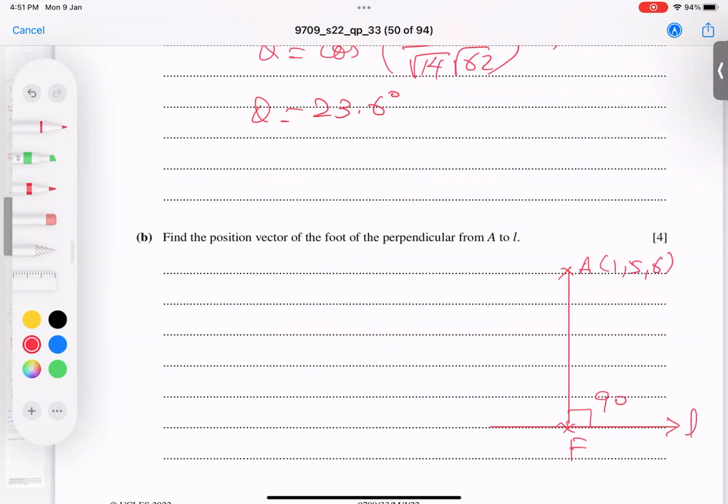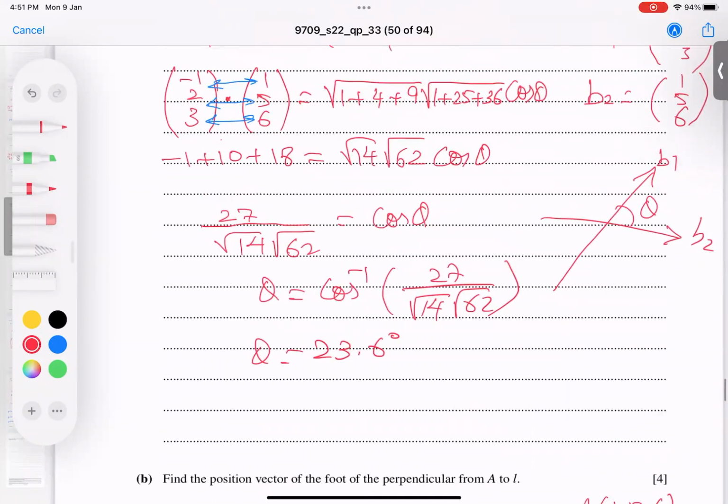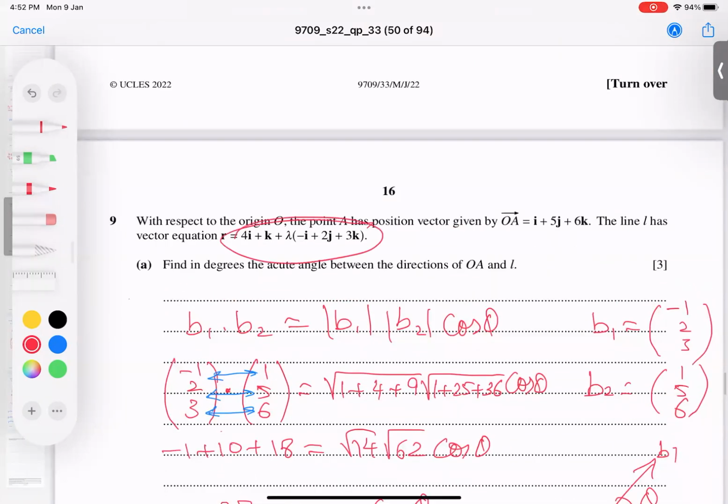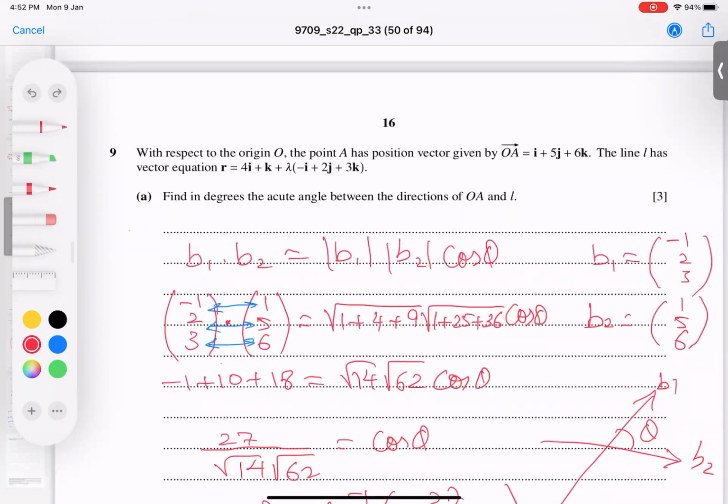I have discussed many times that whenever the line equation is given, I have to convert it into standard form. So let's see how we convert. What is the i coefficient? 4, and the i coefficient with lambda is minus lambda.